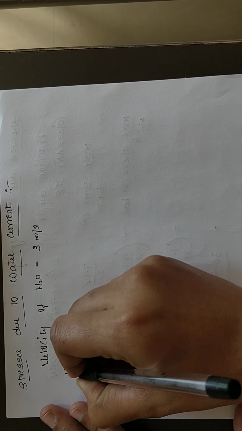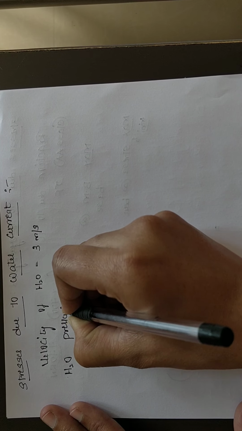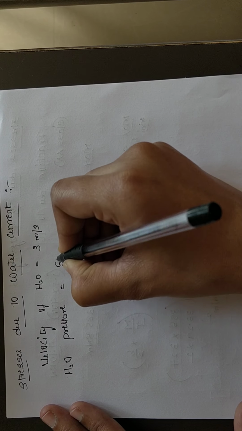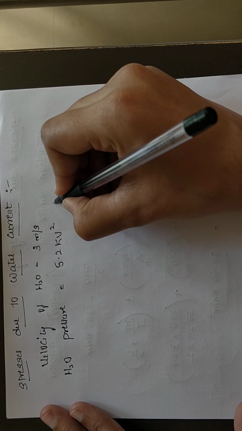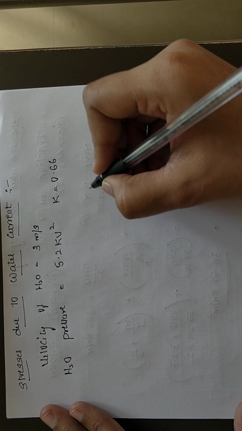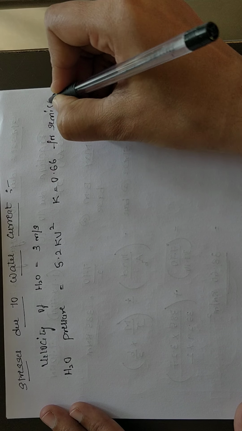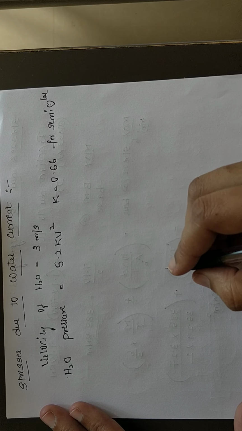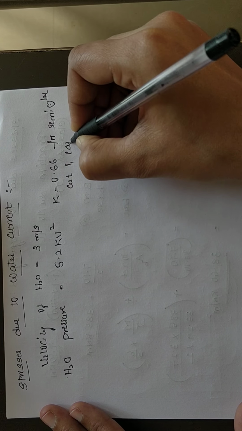Then calculate water pressure. Water pressure is given by 5.2 into K into V square. Take K equal to 0.66, the constant value for a semicircular cut and ease of water.